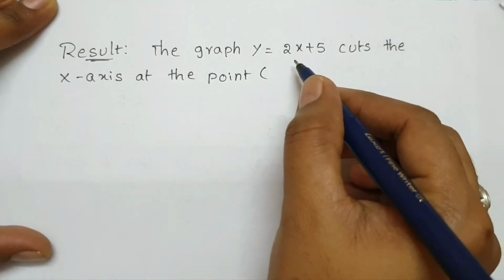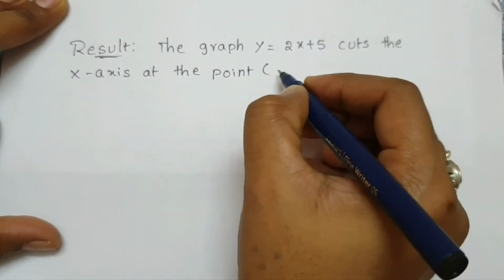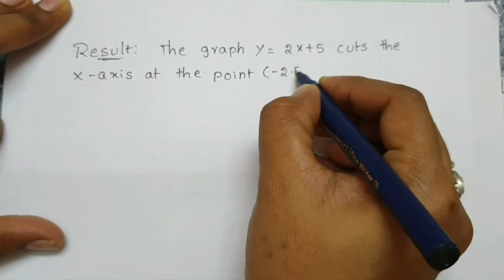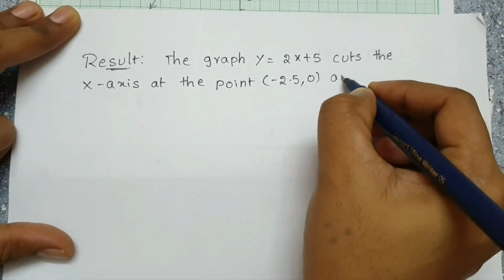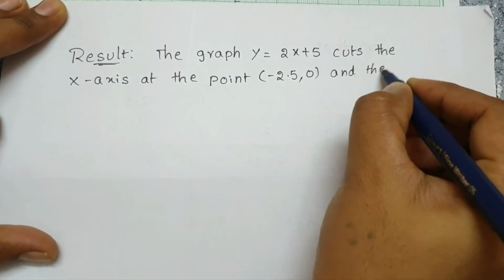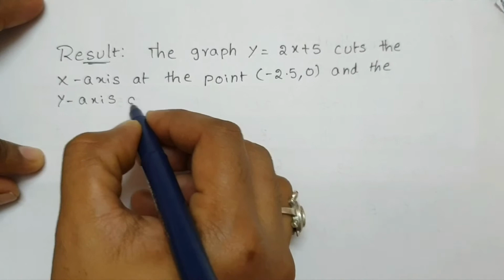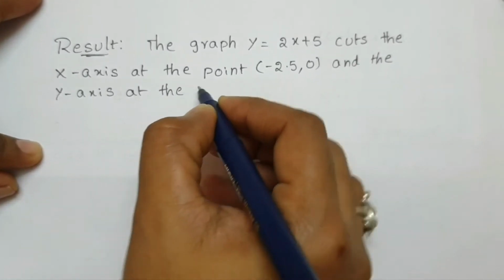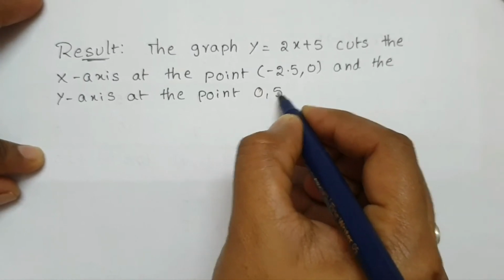The graph of y equal to 2x plus 5 cuts the x-axis at the point minus 2.5 comma 0, and the y-axis at the point 0 comma 5.